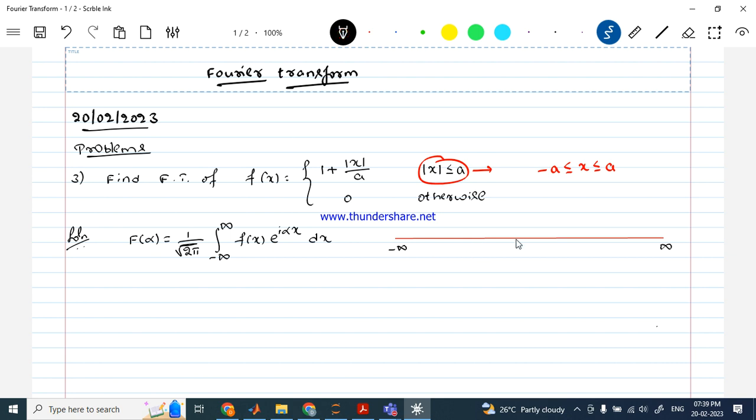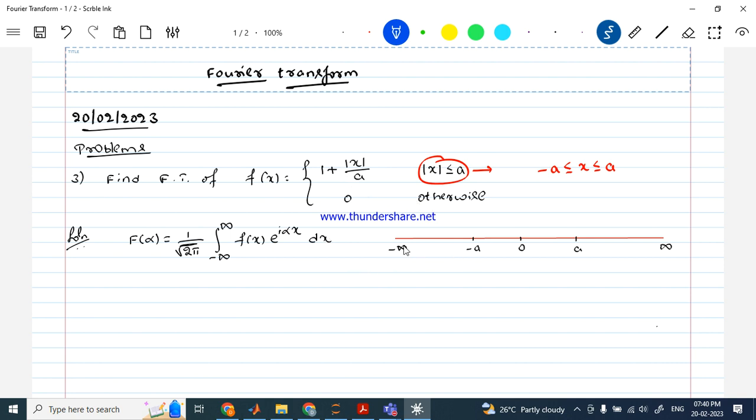Accordingly, if 0 is the midpoint of this interval, minus a lies towards the negative part and plus a lies towards the positive part, assuming a is a positive number here. So they are saying that this function is given in the interval minus a to plus a, otherwise it is 0.